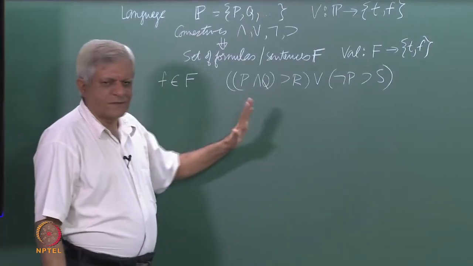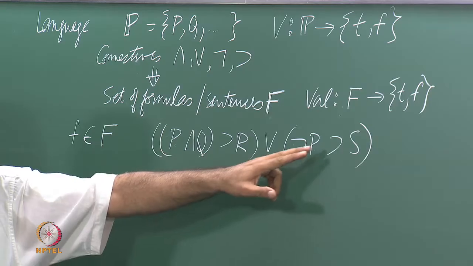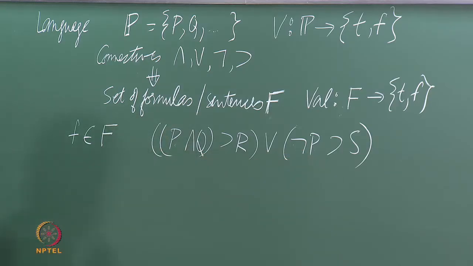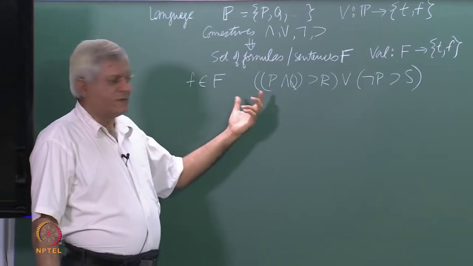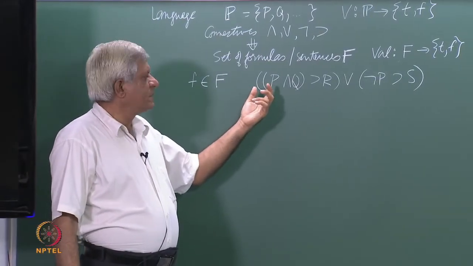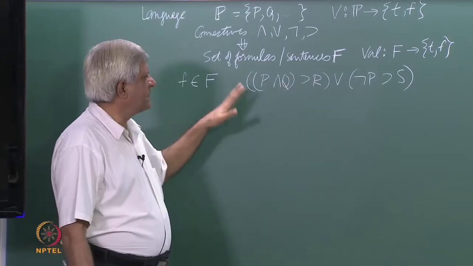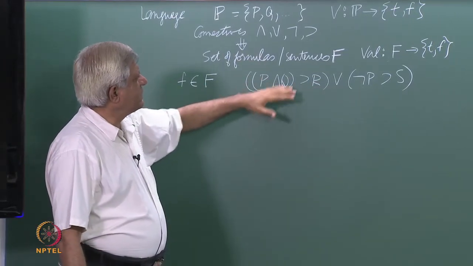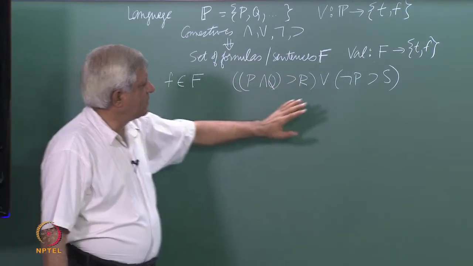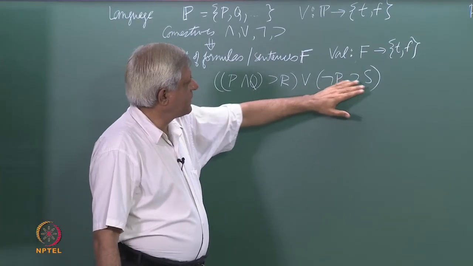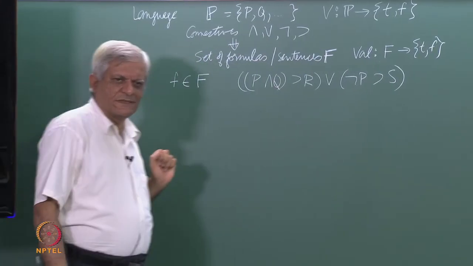P, Q, R and S are the atomic sentences, and implies, or and not are other connectives. We can find a valuation for this if we know the valuation for P, Q, R and S. So, if we know, for example, that P, Q, R, S everything is true, then this, true implies true or false implies true, will evaluate to true essentially.